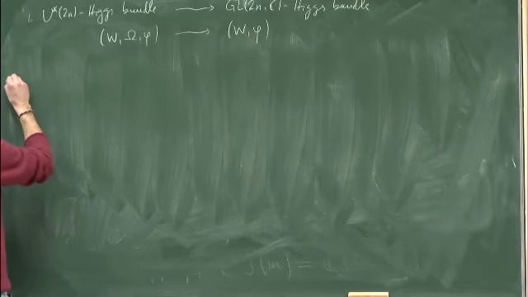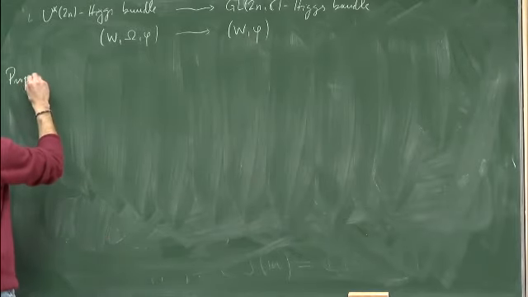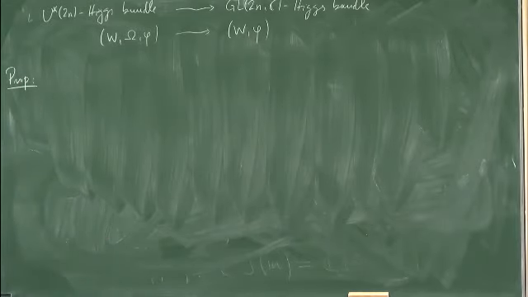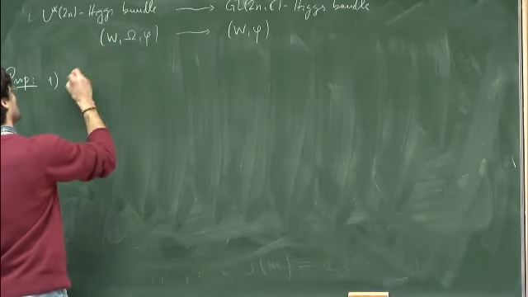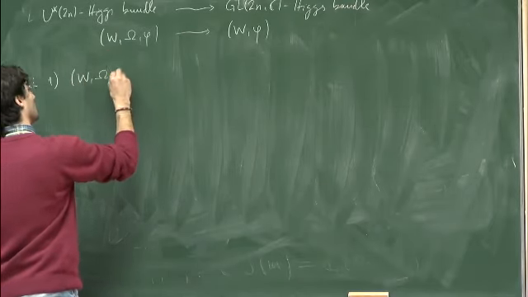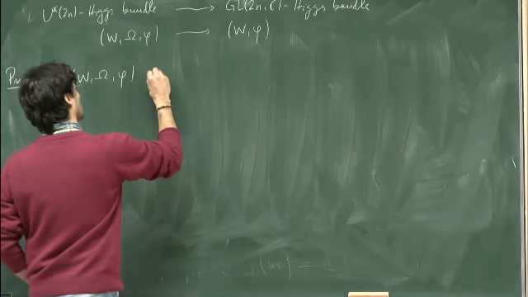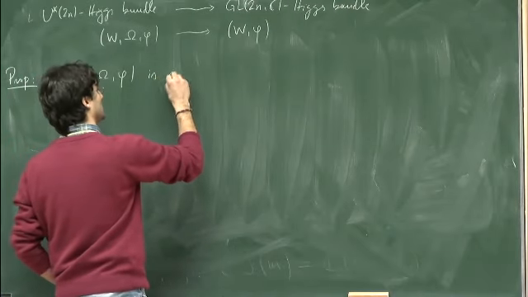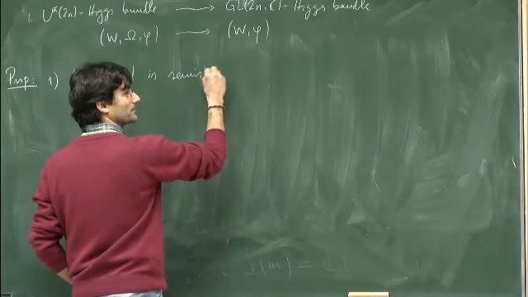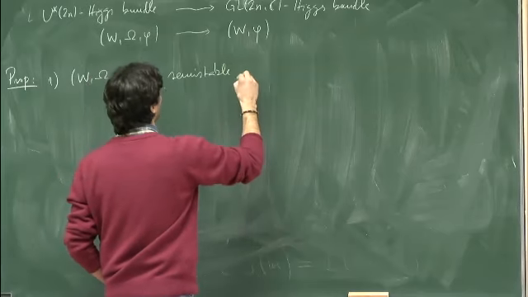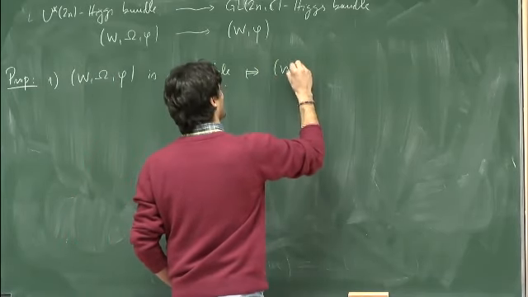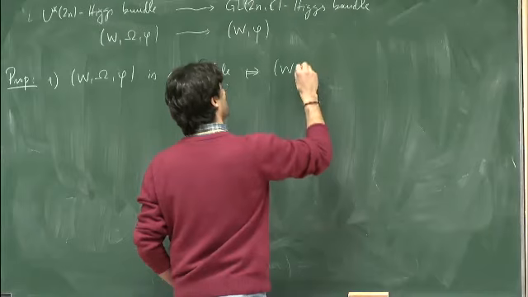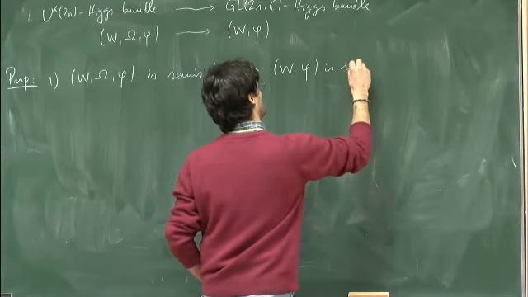So, and now what we proved was the following. (W, omega, phi) is semi-stable if and only if (W, phi) is semi-stable.